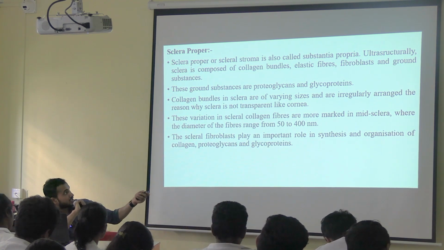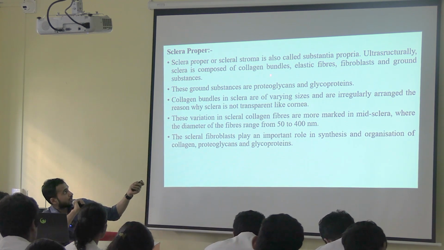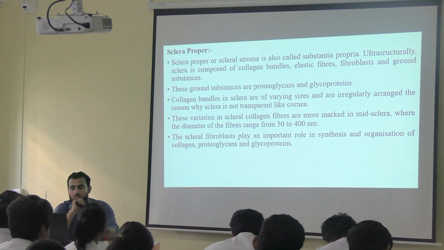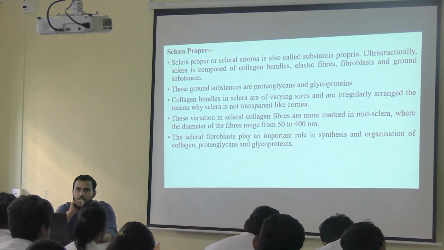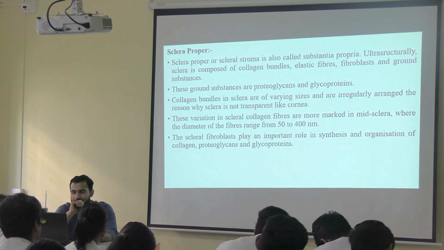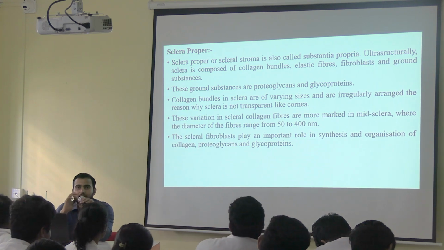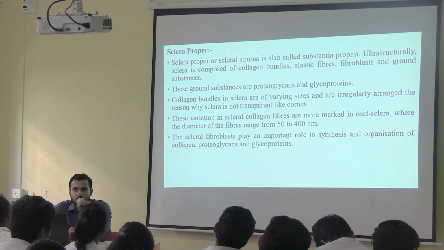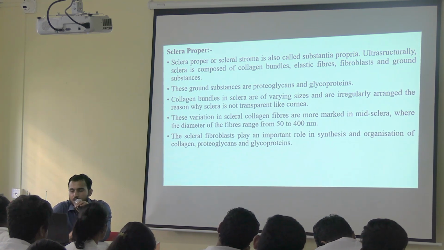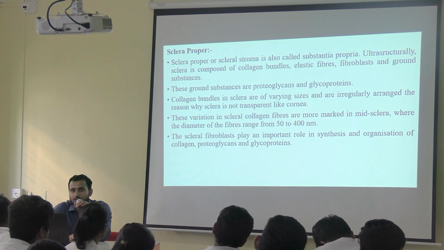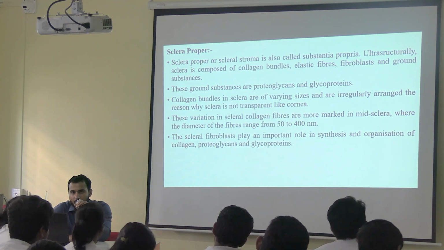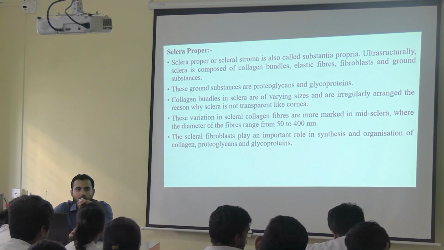Now, I have mentioned that bundles of collagen fibers are present. The thickness of those bundles in the sclera proper is not uniform. It ranges from 40 to 50 to 400 micrometer, and the directions are irregular.